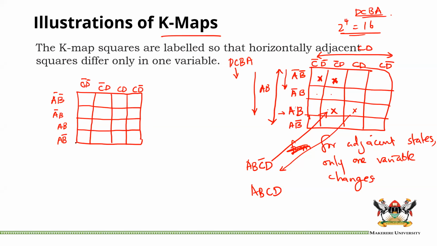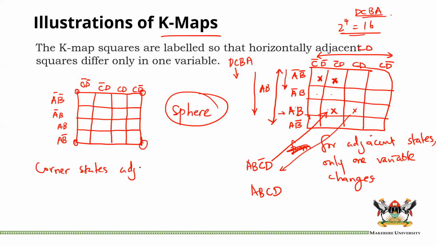Now, we need to look at this as like a sphere, so that these corners, that corner, that corner, that corner, and that corner are corner states adjacent to each other. These corner states are basically adjacent to each other.